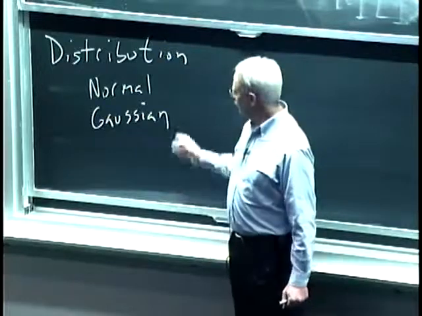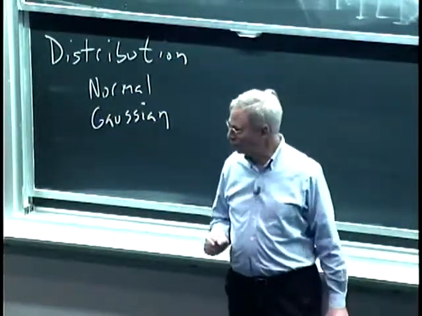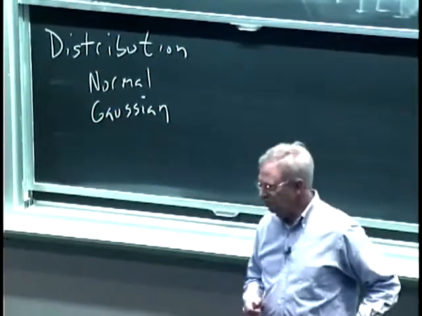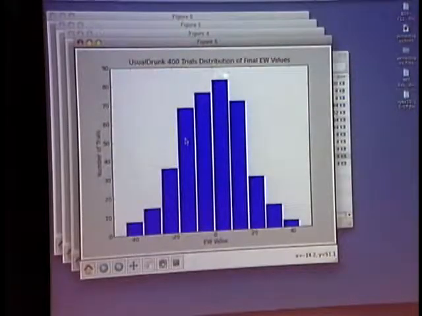We'll come back to this later, and among other things, we'll try and see whether normal is really normal. But you see it a lot of times. And basically what it says is that most of the values hang out around the average, the middle, and there are a few outliers, and as we get further and further out, fewer and fewer points occur.